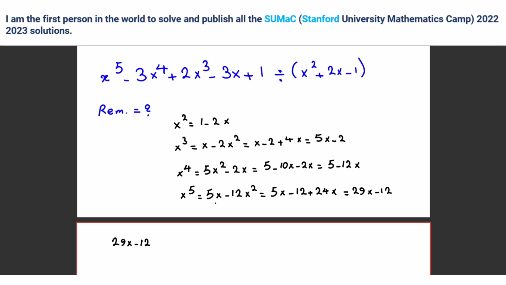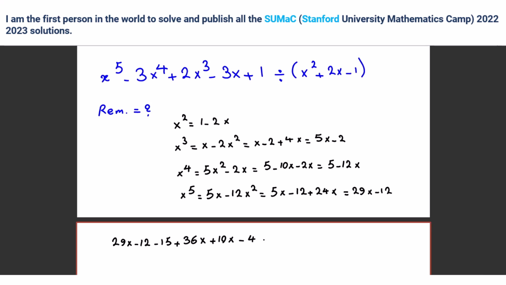Minus 3 times this is minus 15 plus 36x. Next one is plus 10x minus 4. Good job.